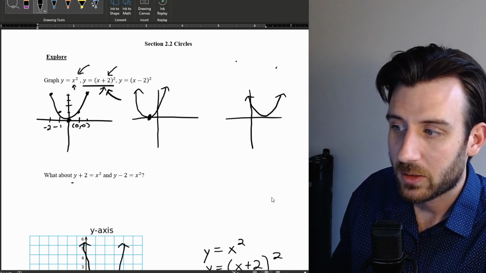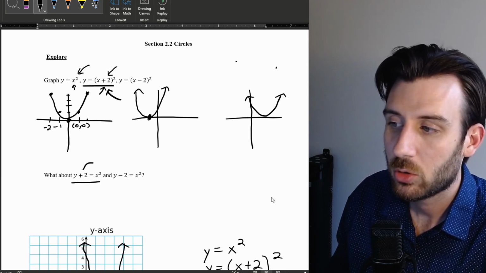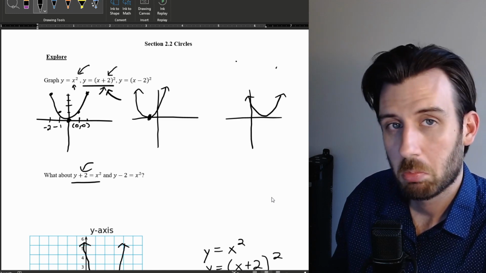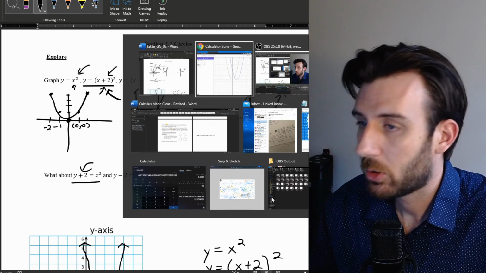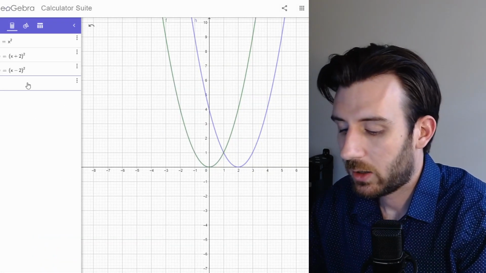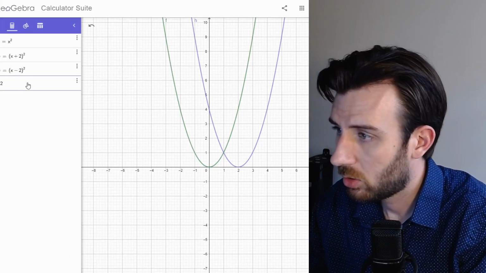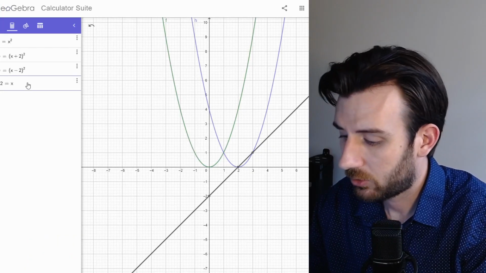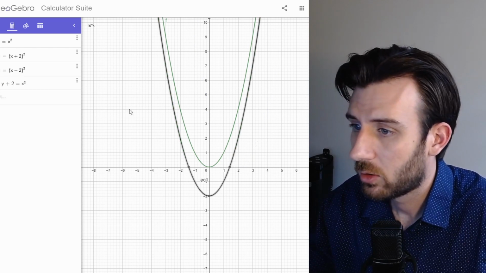Now, what about something like this? What if I want the exact same relationship, but now I want to add 2 to the y? Should we try it? Let's put it back into GeoGebra. So now I'm going to have y plus 2 equals x squared, and we'll take away everything else.